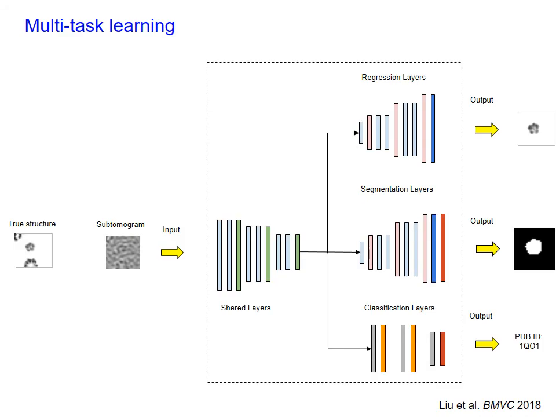The nice thing about deep learning is that it's very flexible, and we can construct a multitask learning model to simultaneously perform the segmentation, structure classification and coarse structure recovery. This work has also been published at BMVC.